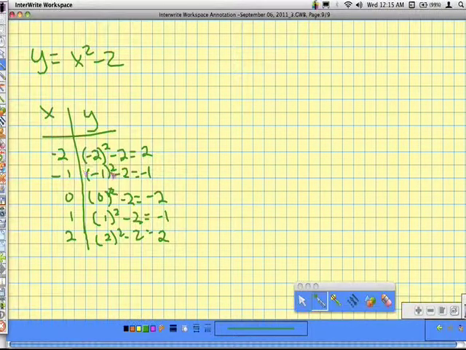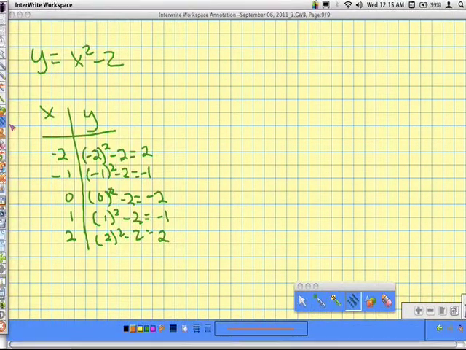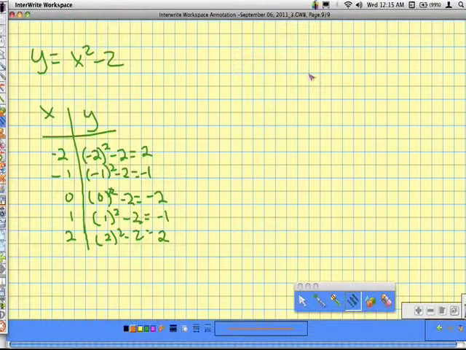So let's take this one back and hit up a new graph. So we'll go from here. There's our y-axis. Another one for our x-axis. And then we'll just plot our points. So, I gotta get back so I can draw my pictures here.